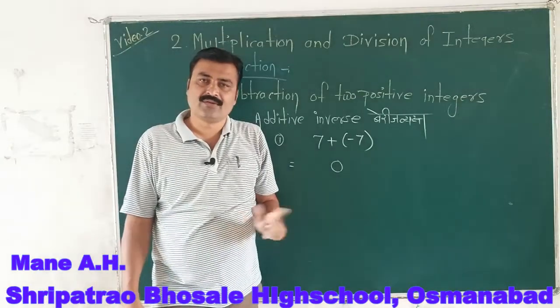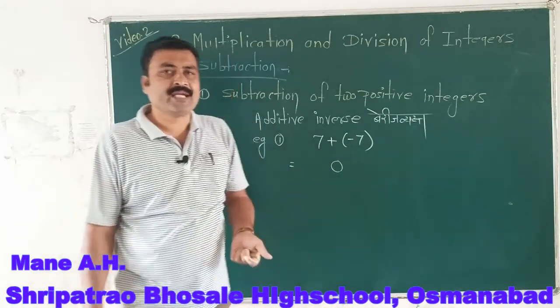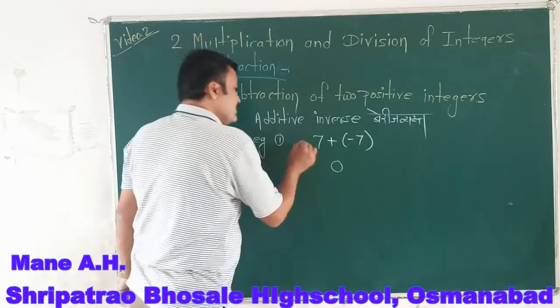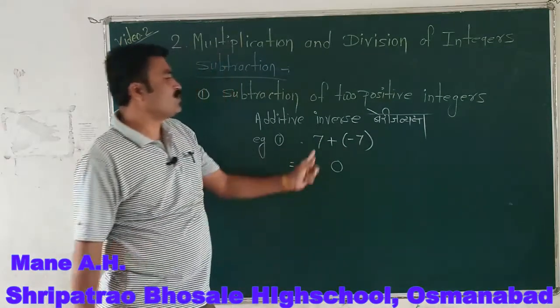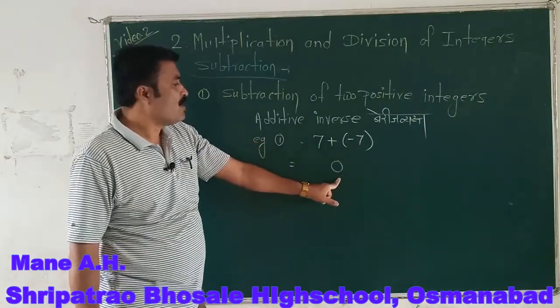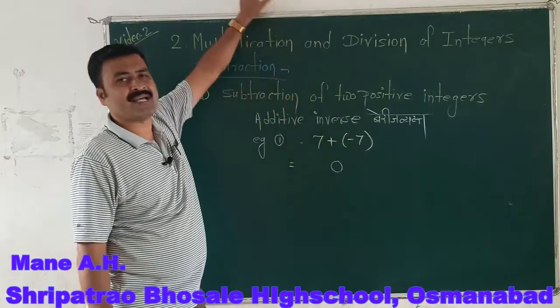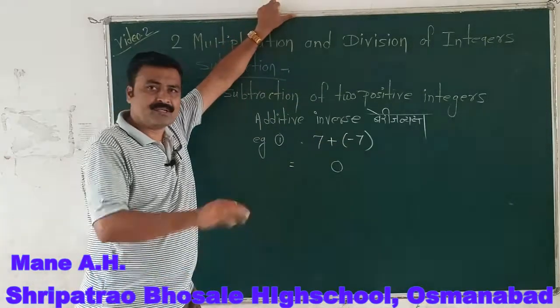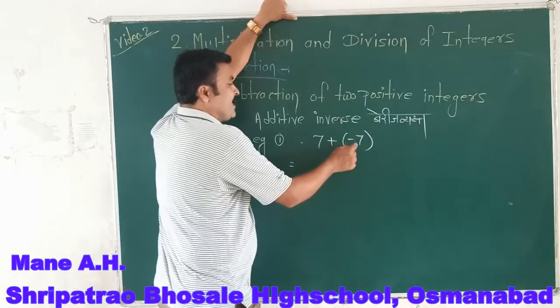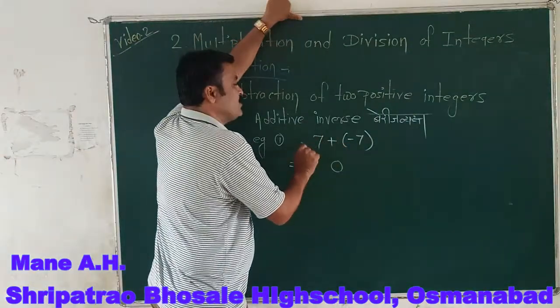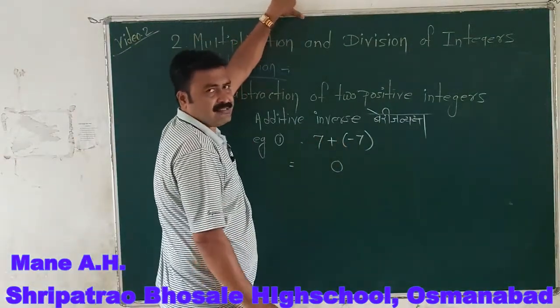So there is no need to put a positive or negative sign. So here we say that the addition of these two integers comes as 0. So 7 has additive inverse as -7, or reversely we say -7 has additive inverse as +7.